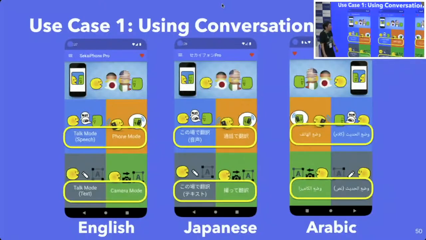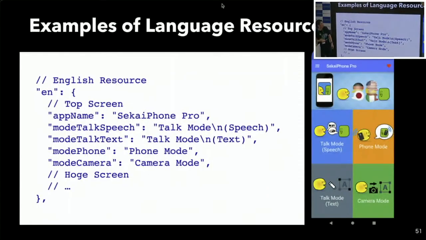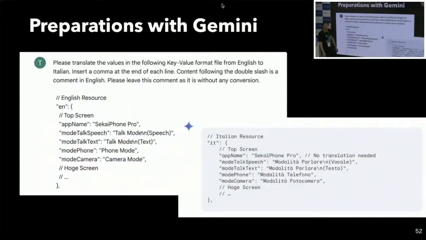So how do we translate all this code in our Flutter product? For example, if we define this language resource like this, this code is very simple, key value text like this. It's an English version. If we create this language resource, after that we can use it for translating to other languages. Here is just an example.